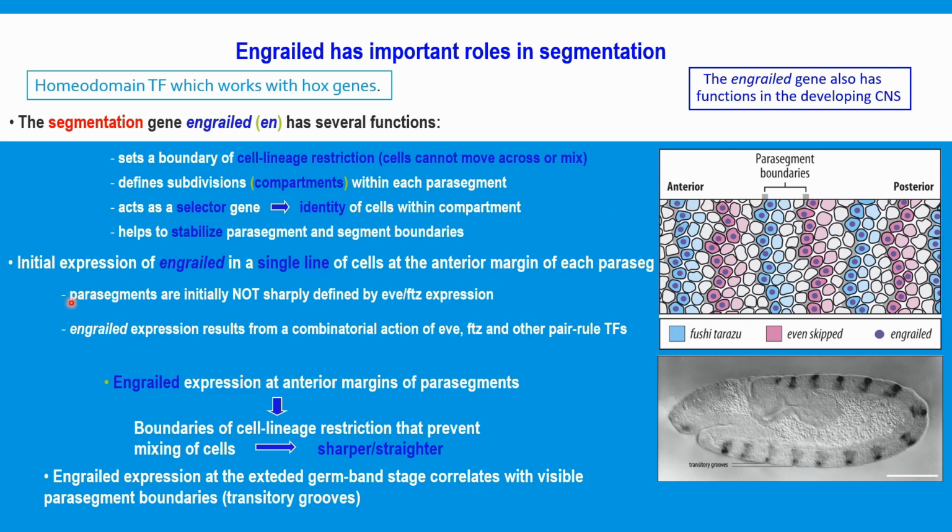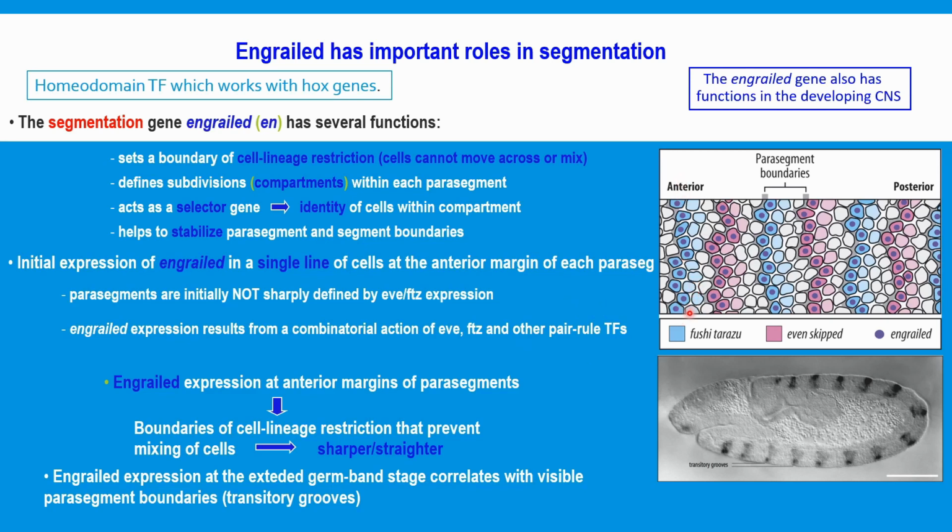And we said that the parasegments initially, when we look at even skipped and Fushi tarazu, are not sharply defined, but they become more sharply defined through self-autoregulation. And the engrailed expression in one single cell line in the beginning results from a combination of not just even skipped and Fushi tarazu, but other pair rule transcription factors that help define it down to one cell layer.